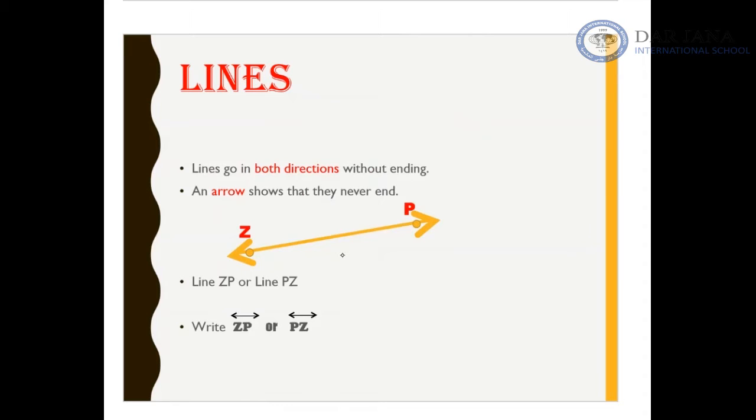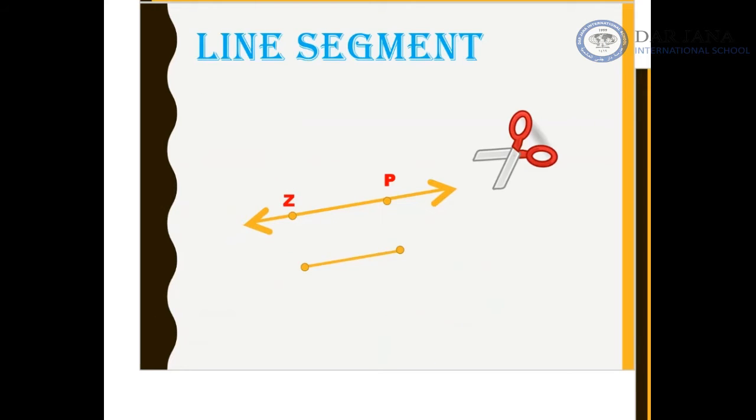For example, the line's name can be ZP or the opposite, PZ, it's the same. When I want to write it, I'm going to write ZP, and above it, because it's a line, I should draw a line that has two arrows on both sides.